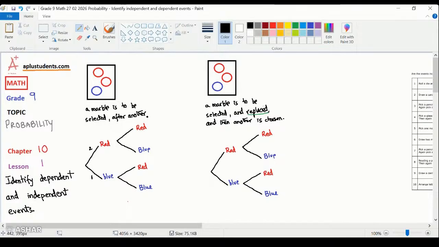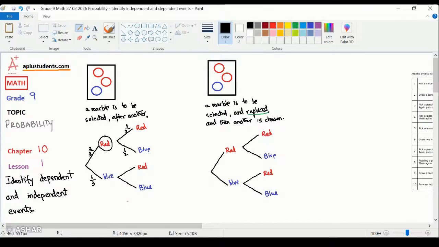If we take out one red, how many reds are left? One red is left. There were two reds out of three, and there was one blue out of three. If we took out one red and not replace it, that means one red is taken out. There is now one red out of the two, and there is only one blue out of two now.